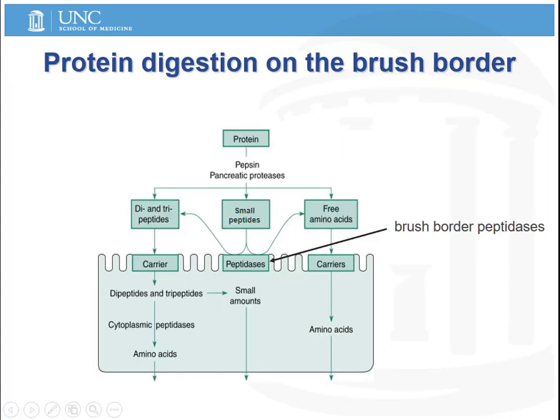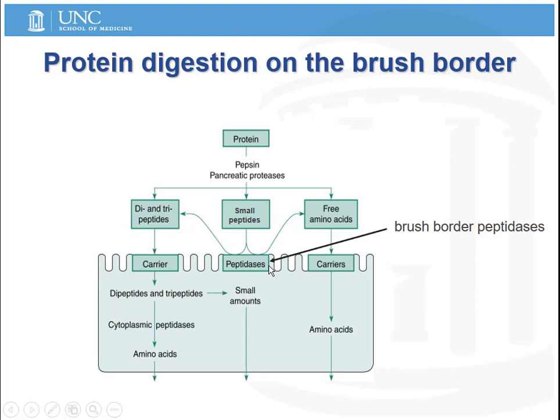After digestion by that pepsin in the stomach and by the pancreatic proteases in the intestine, there are many small peptides present in the intestinal lumen that undergo further breakdown at the brush border. So there are multiple different peptidases present on the brush border of the enterocytes, some of them endopeptidases, some of them exopeptidases, along with that specific enterokinase that's important in catalyzing the activation of trypsinogen to trypsin.